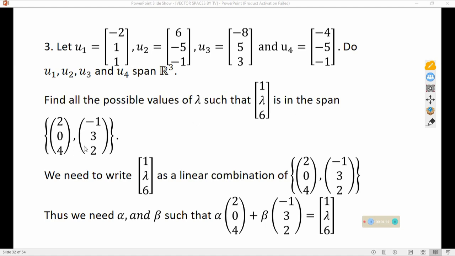So let us try to write or to look at the values of lambda, for which we shall write this vector here as a linear combination of these two vectors that we are given, because this vector is already in the span of this, which means that the values for alpha, or the values of the unknowns, exist. So let us look at how best we can solve that.